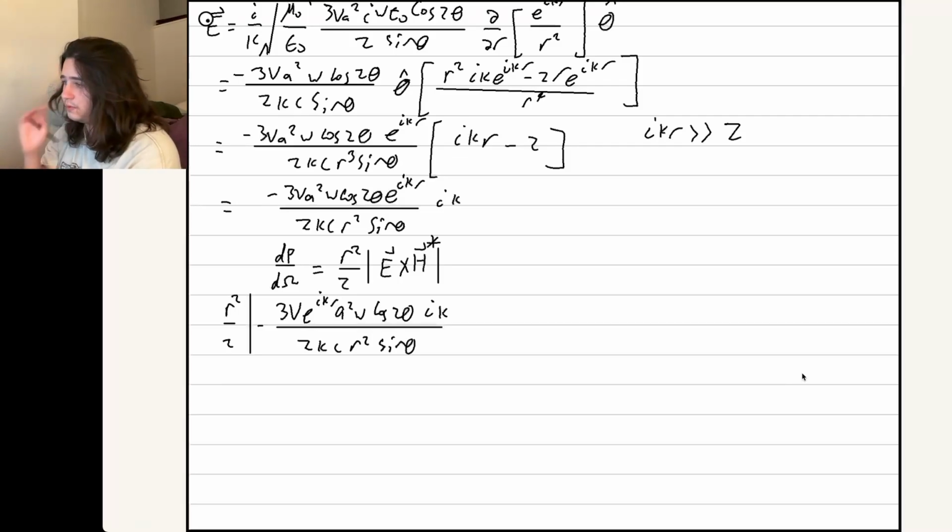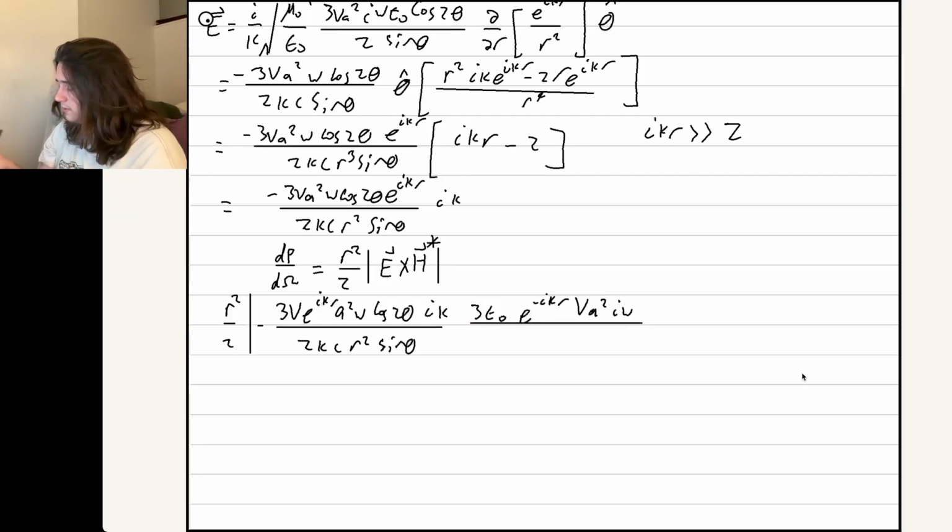And the magnetic field prefactor stuff was 3 epsilon naught. We had e to the minus ikr now because taking the complex conjugate, we got to flip the sign on the exponential, which does mean that our exponential decay stuff is going to end up being tossed out the window. You'll end up with 2r squared sine theta cosine 2 theta over there.